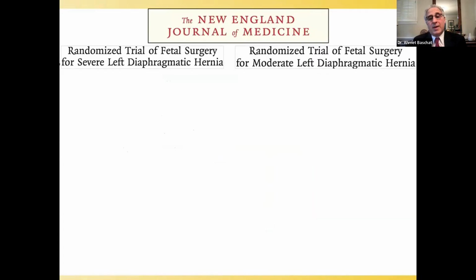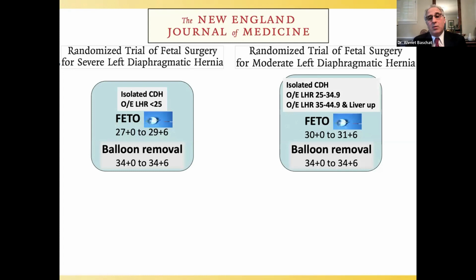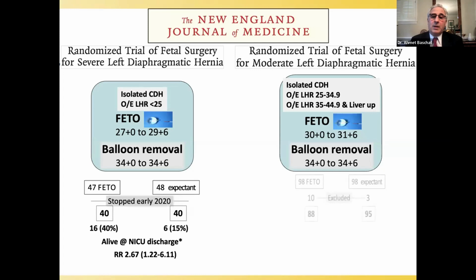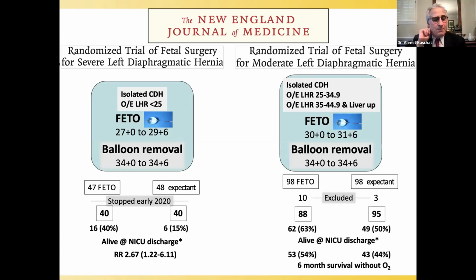recently there was a randomized controlled trial that looked at fetal therapy in severe hernias and moderate hernias, and documented a significant improvement in survival for the severe hernias, whereas in moderate hernias the benefit of a balloon was not as statistically significant.